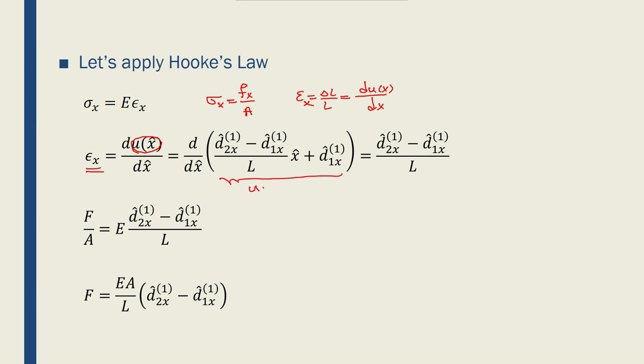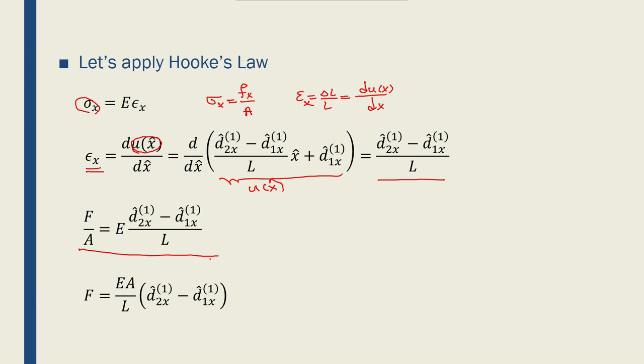Basically this is u of x hat, and if you take the derivative of this equation with respect to x hat, we will end up with d2x1 minus d1x1 over L, and that would give us the strain for each bar in the truss. Now we replace sigma with F over A. E is constant, we leave it there, and we replace epsilon with the equation we found here.